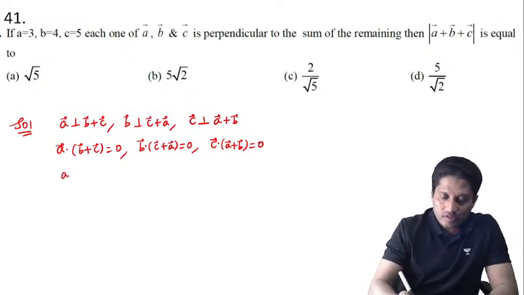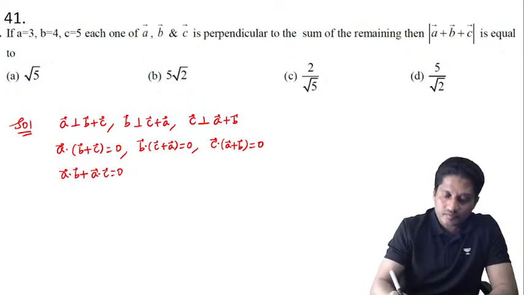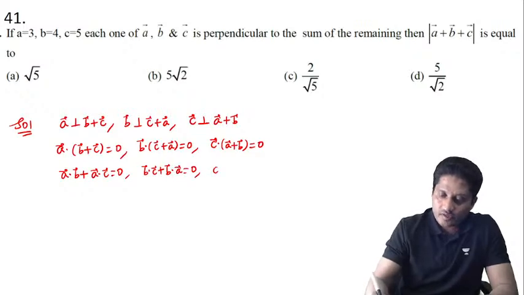So this is A dot B plus A dot C is 0. B dot C plus B dot A is 0. Okay, and then C dot A plus C dot B is 0. Let's call this equation 1, this 2, and this 3.